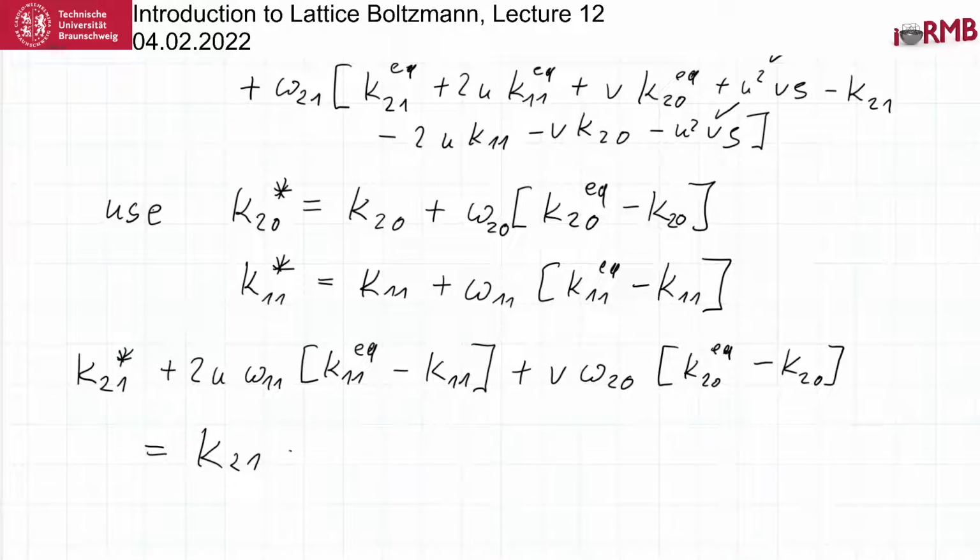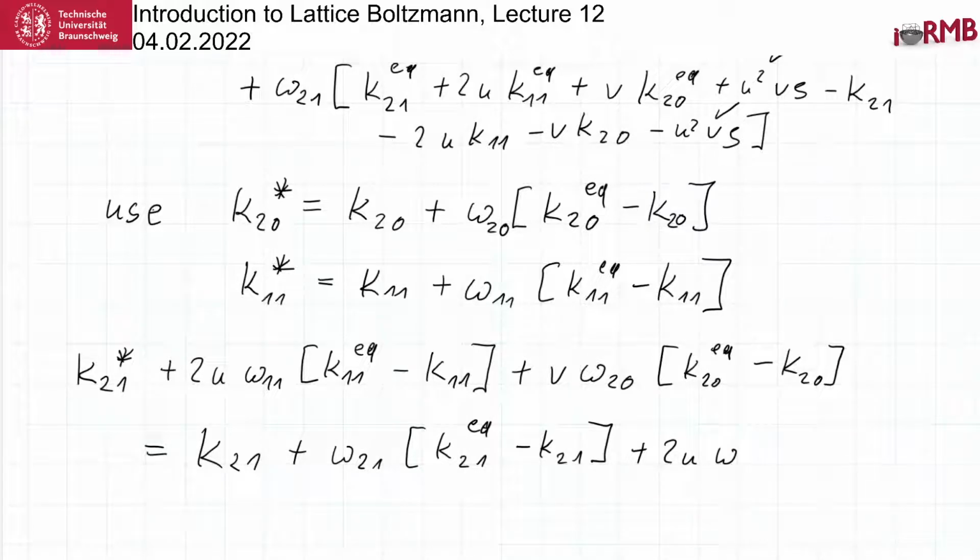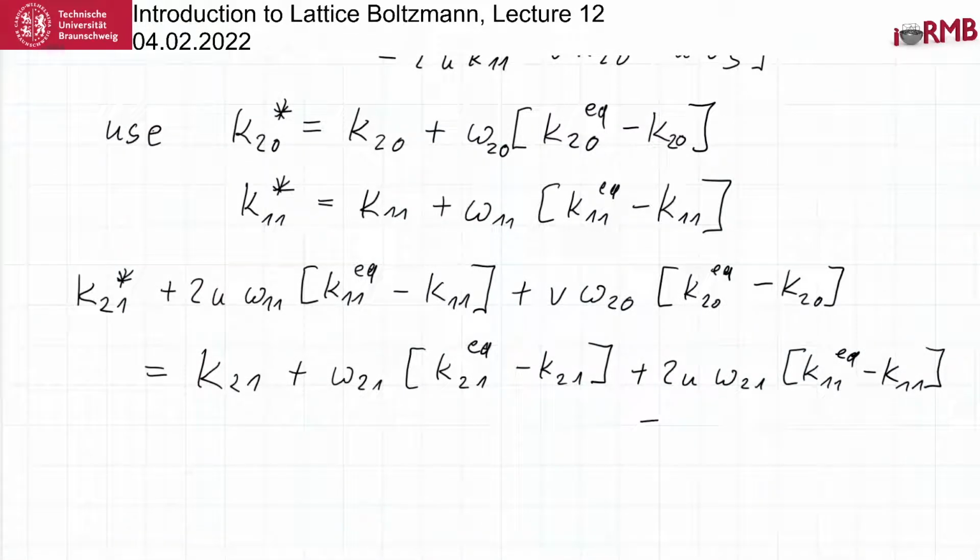So we have k21 plus omega 21 k21 equilibrium minus k21 plus 2u omega 21 k11 equilibrium minus k11, plus V omega 21 K21 equilibrium minus K21, what did I say?